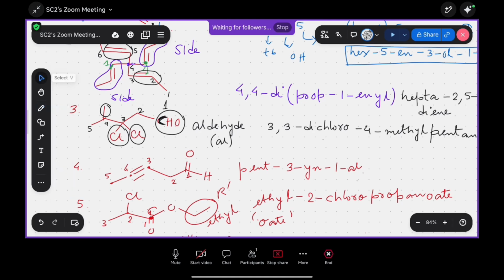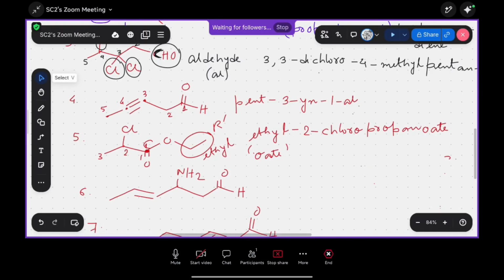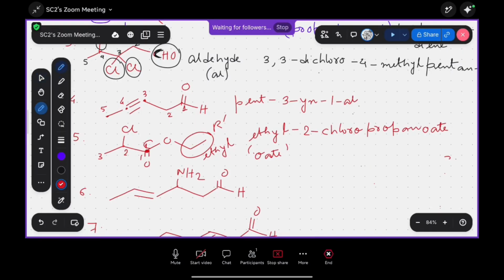Now the next example, the sixth example, is somewhat like this. Again, see, this is the carbon atom containing the functional group: 1, 2, 3, 4, 5, 6.